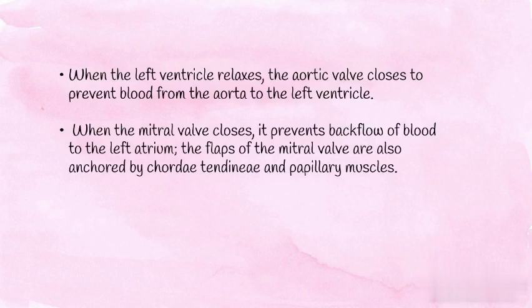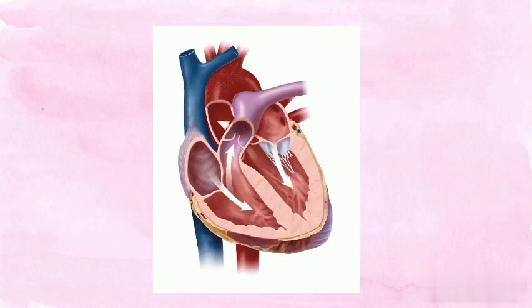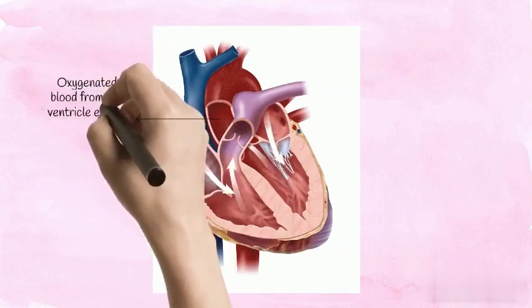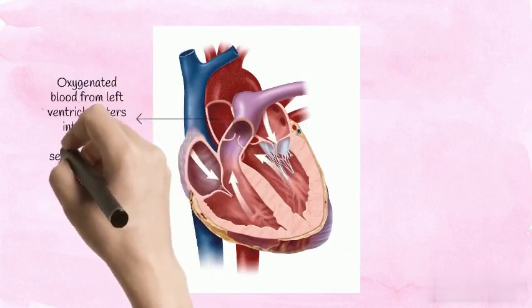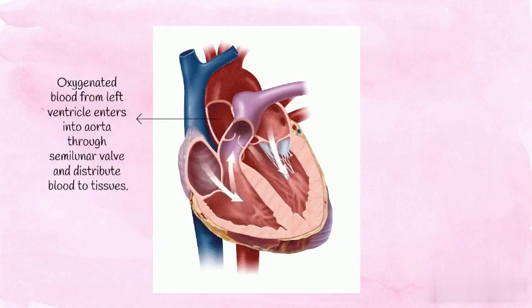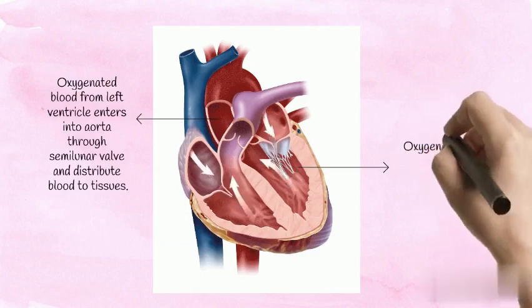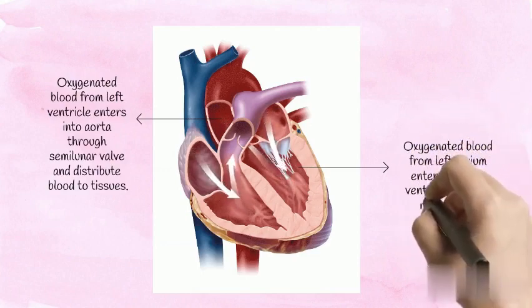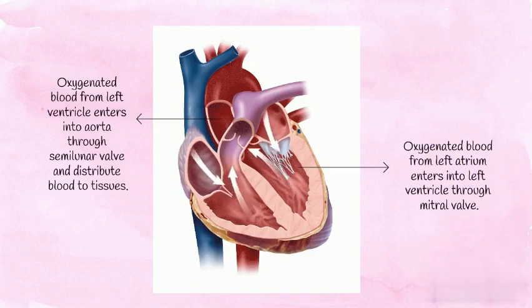The flaps of the mitral valve are also anchored by chordae tendineae and papillary muscles. Oxygenated blood from the left ventricle enters the aorta through the semilunar valve and distributes blood to the tissues. Oxygenated blood from the left atrium enters the left ventricle through the mitral valve.